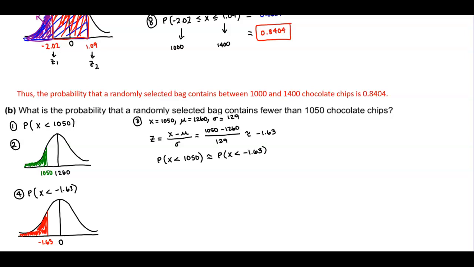Okay, so what we're going to do in step 5 is find the area to the left. So again, we want to find the area where the value of z is less than negative 1.63.